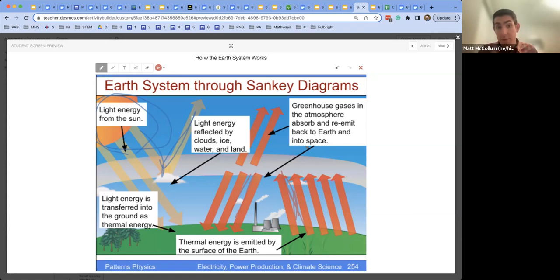So in this simple Sankey diagram, we can allow them lots of iterations of playing with the model and looking at it in different ways, seeing what affects a warming climate and what affects a cooling climate, and thinking about very specific effects like greenhouse gases being released into the atmosphere and how they might affect the climate.